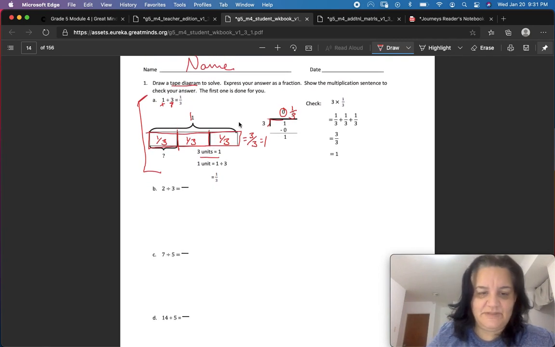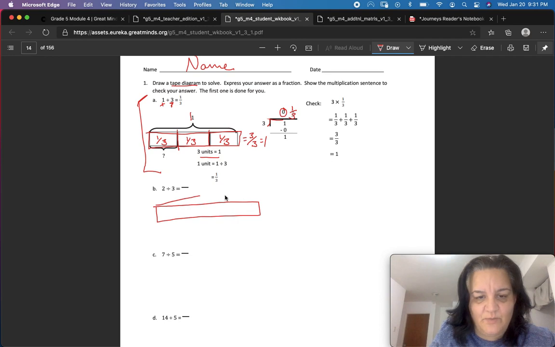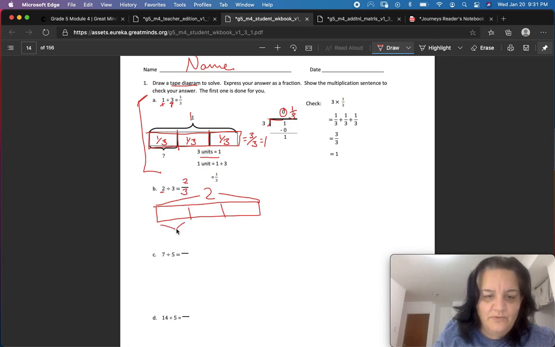Okay. 2 divided by 3. So what we're going to do is draw our tape diagram, and that tape diagram is going to be worth 2, okay, right there. And we're going to divide it by 3: 1, 2, 3. So really it's 2/3, okay? Now we want to know, what does 1 equal?